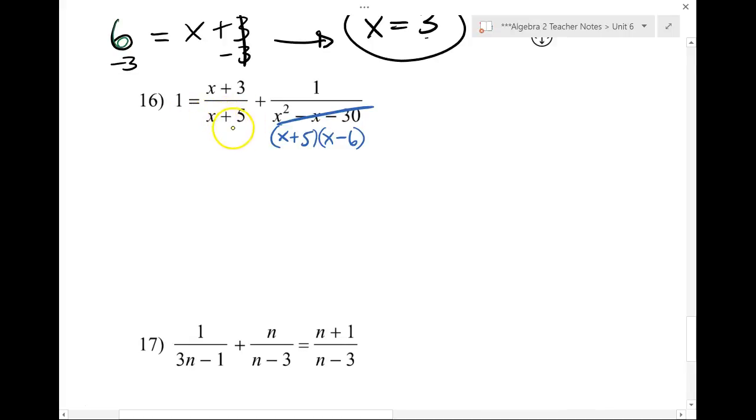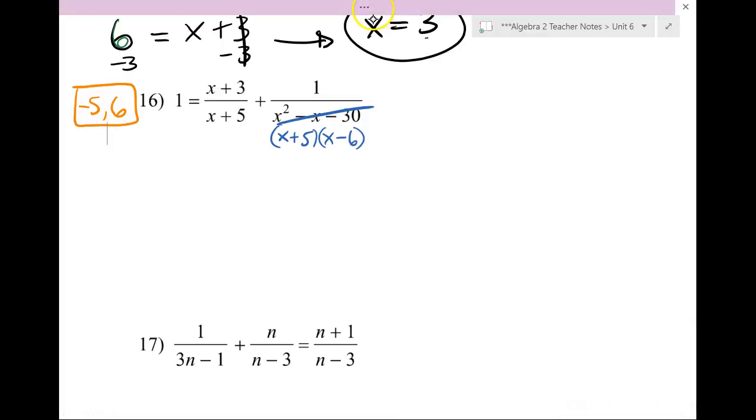This x plus 5, well, if I plugged in negative 5 there, that would make it 0, so we don't want negative 5. And then looking at this trinomial factored out here, negative 5 would also make that 0, so we already got that one. And then over here for the x minus 6, 6 would make that 0. So those two values could make our denominator 0. So we want to make sure that we avoid those solutions in the end.